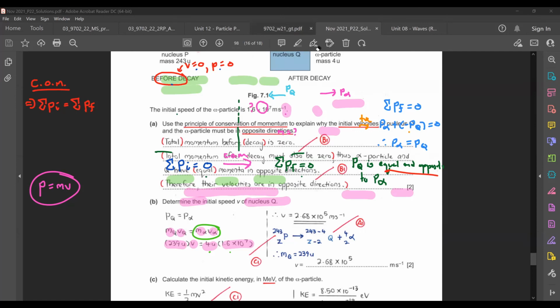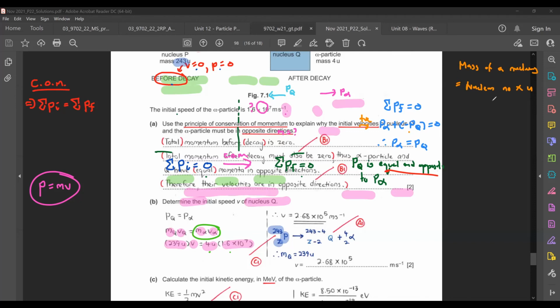If you consider the reaction that is occurring right now, nucleus P with mass of 243U has an unknown proton number of Z. I think I mentioned this before, if you have watched the recorded lesson for nuclear physics. Mass of a nucleus is actually the same as your nucleon number times U. Okay.